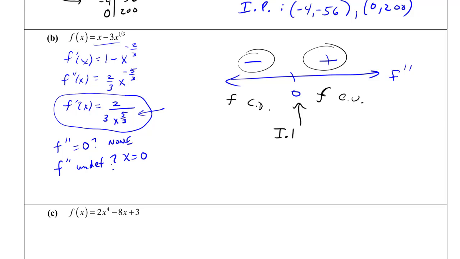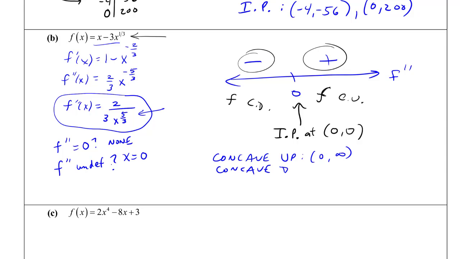So this is an inflection point at 0 something, and I can pretty simply see that if I go back to my original function, if I plug 0 in there, I will get 0. So it is at 0, 0. So summarizing, concave up on 0 to infinity, concave down on negative infinity to 0, and the inflection point at 0, 0.